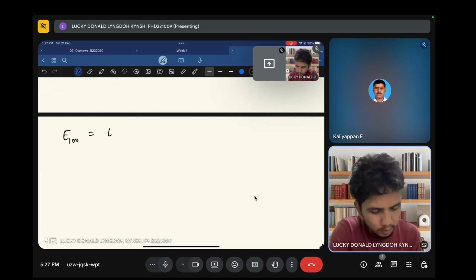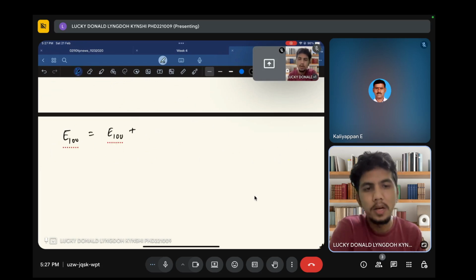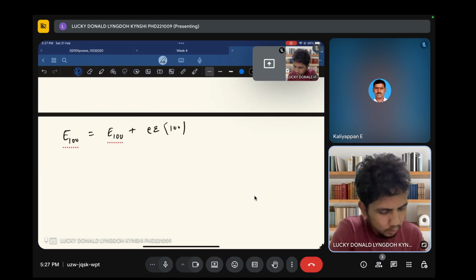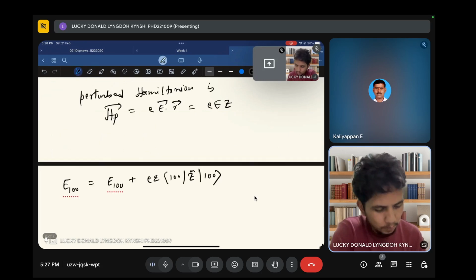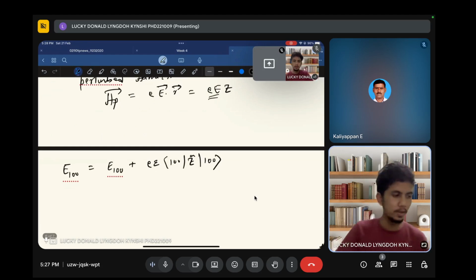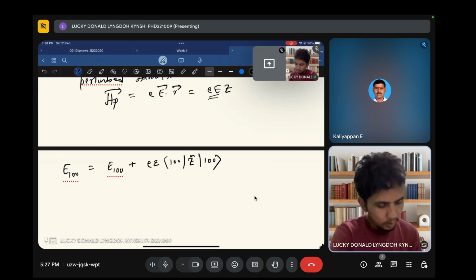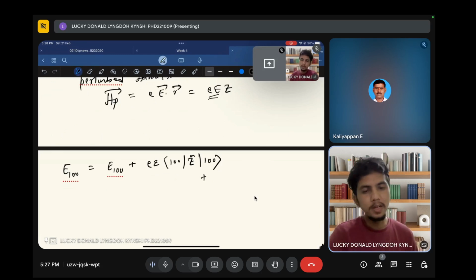It's given by E_100 plus, remember we have to introduce the first order correction term, which is equal to eE <100|z|100>. How do I get this? I just substitute this equation and operate on the state 100. This is the first order correction term. For the second order, I have already written the formula.